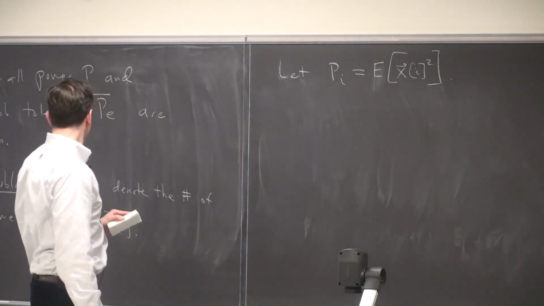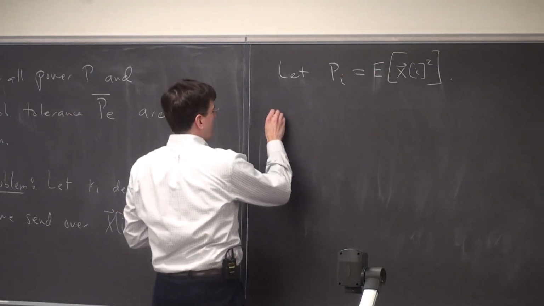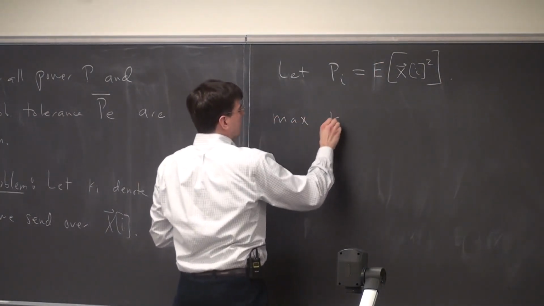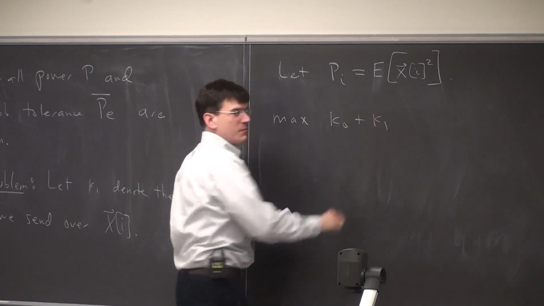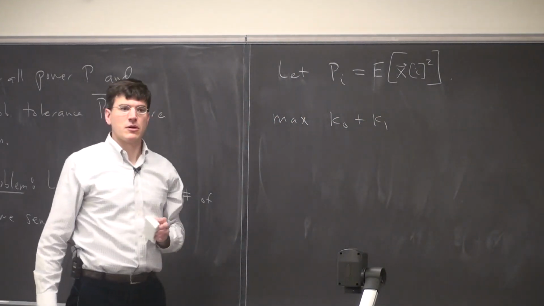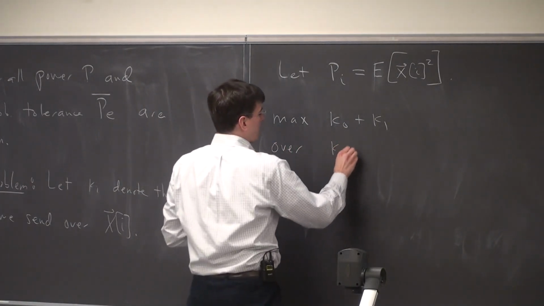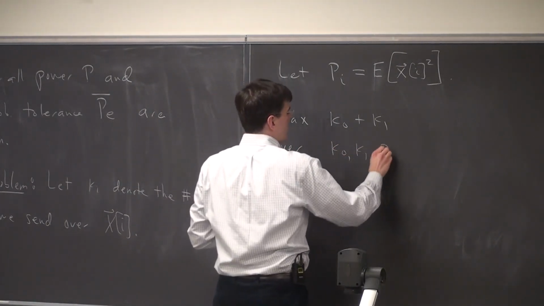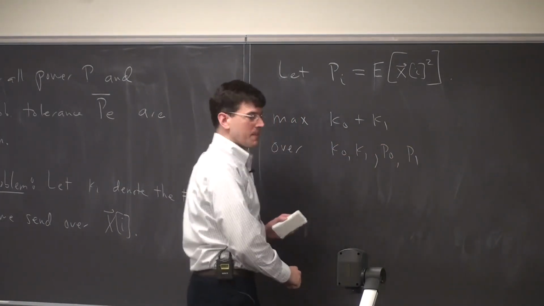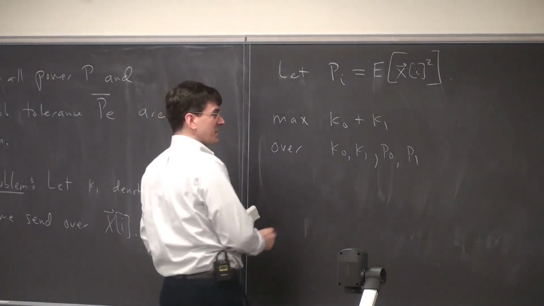Then the goal is to maximize K0 plus K1, the total number of bits you're sending. We get to pick K0, K1, P0, P1. Those are the decision variables, as they call them in optimization. Those are what we pick.